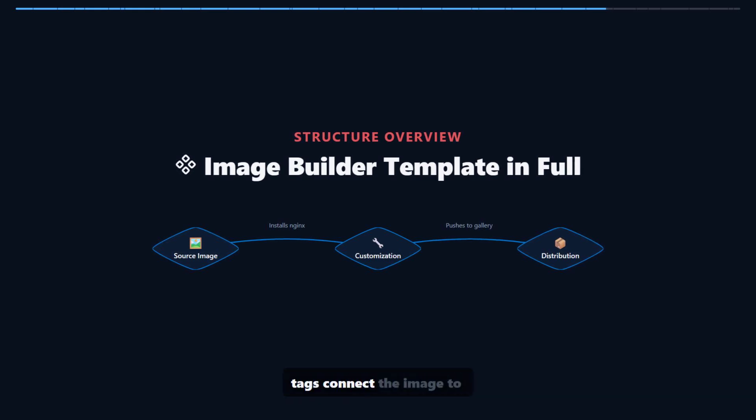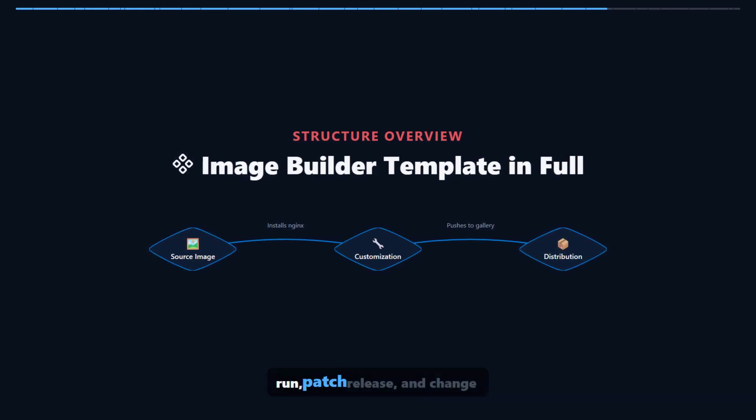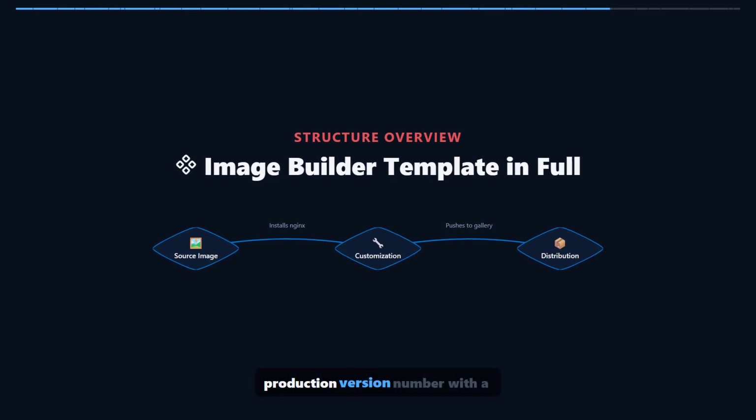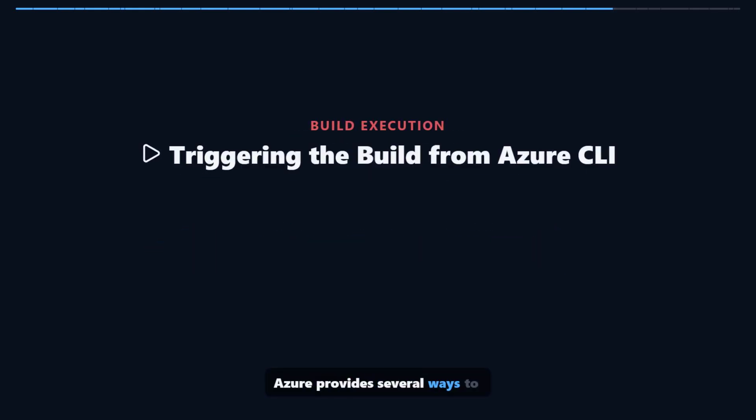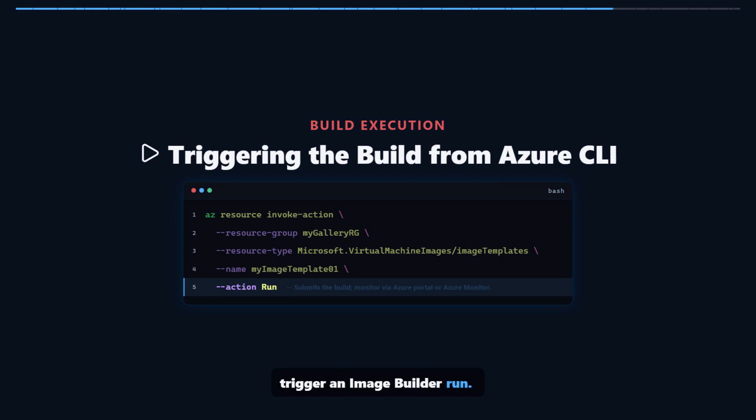Artifact tags connect the image to the exact source commit, pipeline run, patch release, and change record. The version itself should also be unique. Never replace the content behind an existing production version number with a different build. Publish a new version so the deployment history remains traceable. Azure provides several ways to trigger an image builder run.